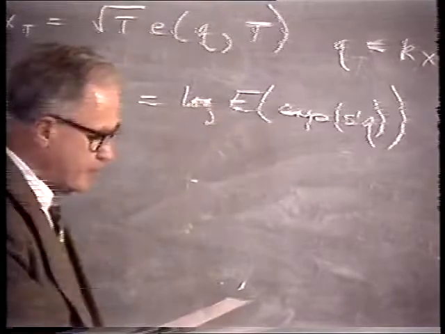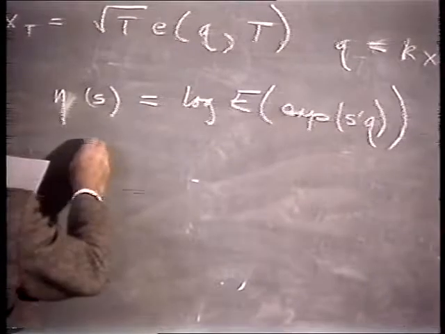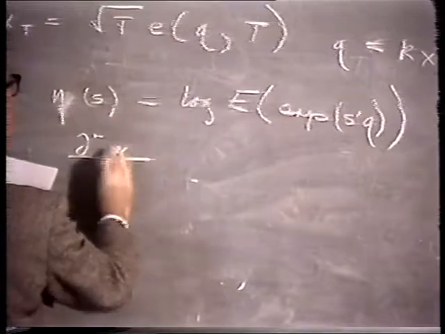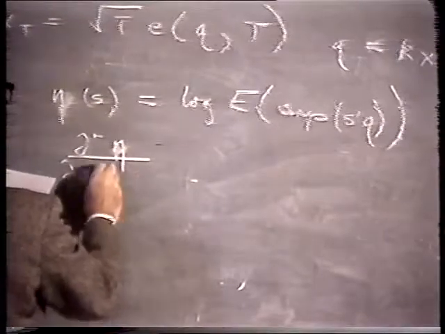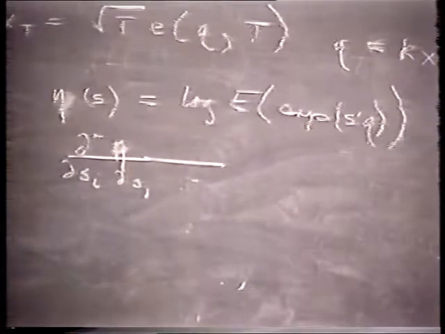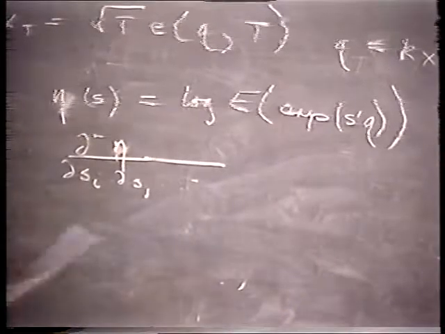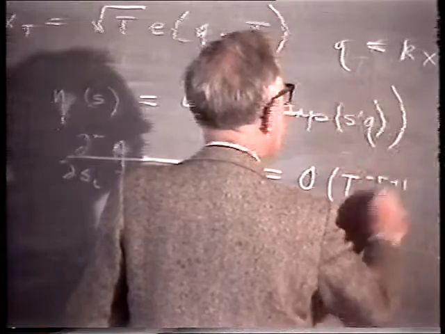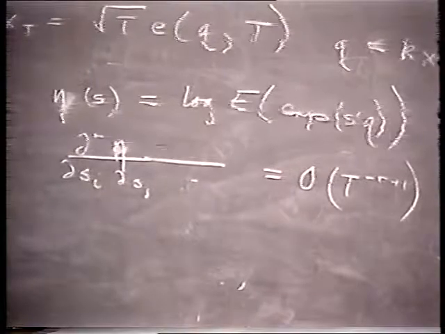And the requirement for the validity of our subsequent results is that if you differentiate with respect to the various s's, s_i, s_j, etc., any number of the s's, and there are such s's, in other words, we're looking at an nth order derivative, that should be of order T to the minus r plus 1, in order that an nth order expansion is possible.